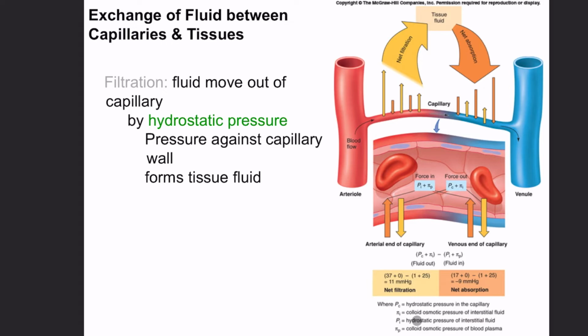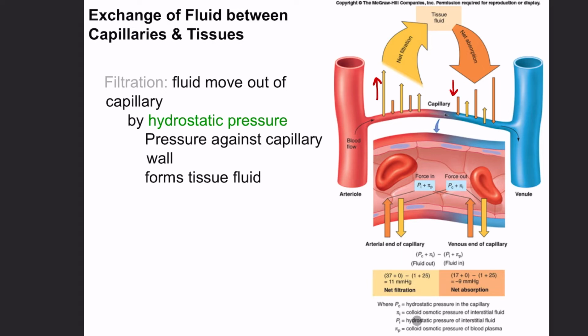So we're talking about the movement of fluid through our tissues. And if we were to focus really just at our capillaries, there's going to be movement of fluid, as you can see from these yellow arrows and these orange arrows that are going towards the capillaries.